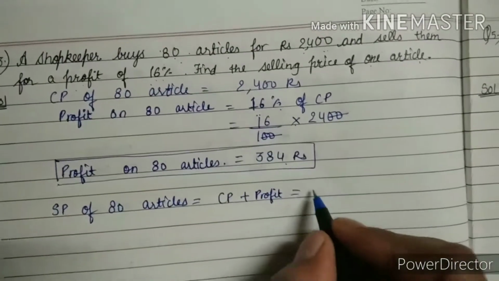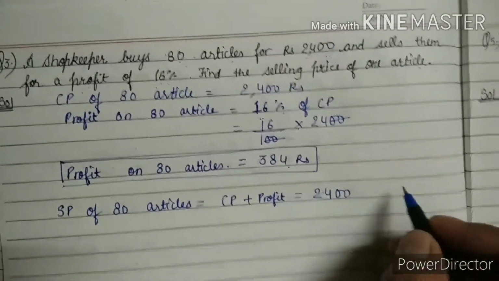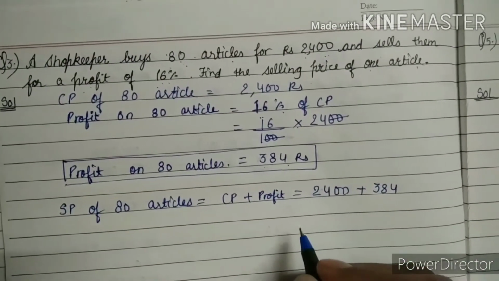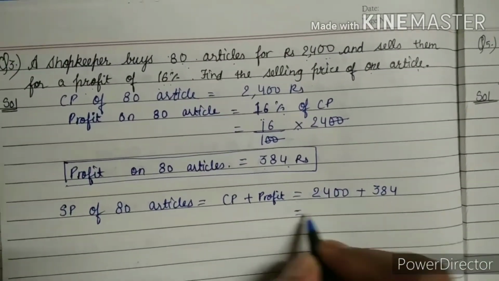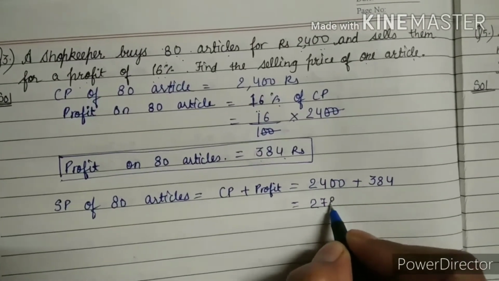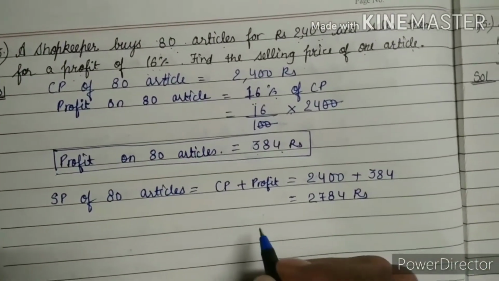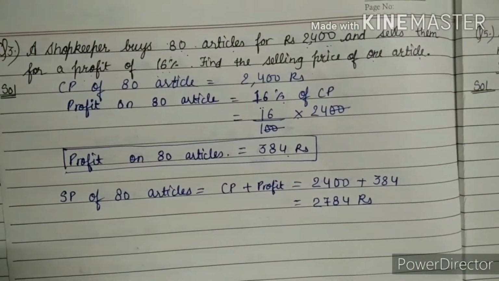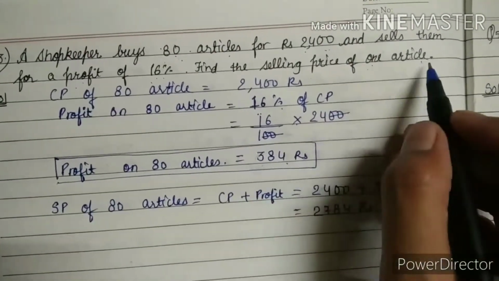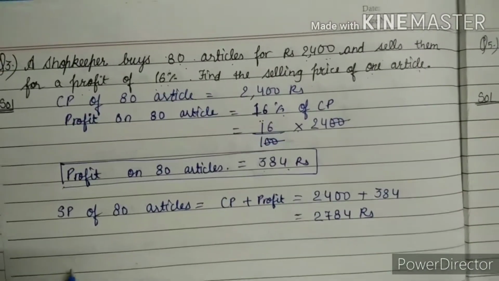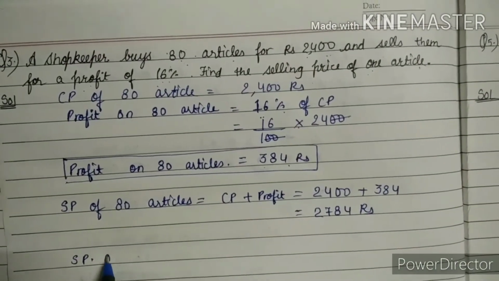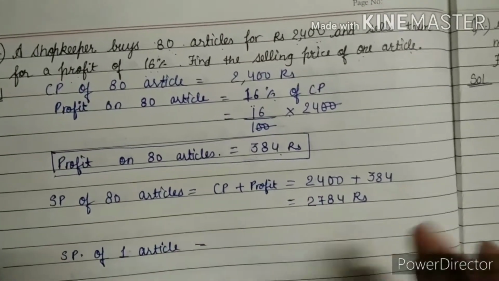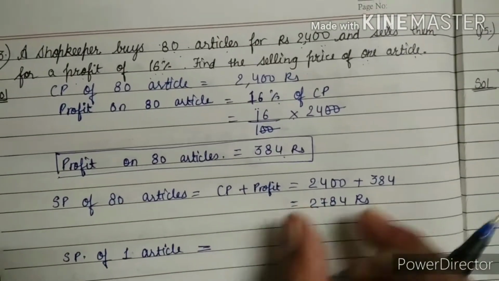Cost price is 2400, plus profit is 384. After adding them, we will get 2784 rupees. So this is the selling price of 80 articles, but we have to find the selling price of one article.